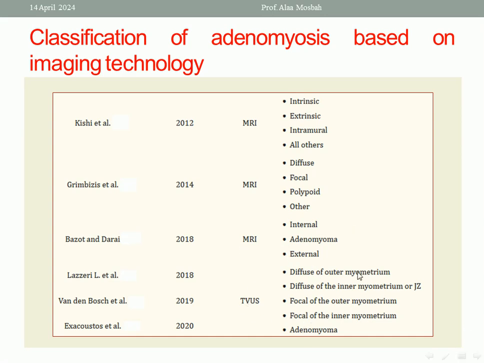The first, diffuse adenomyosis of the outer myometrium. The second is diffuse adenomyosis of the inner myometrium or junctional zone. The third, focal of the outer myometrium. The fourth one, focal of the inner myometrium.